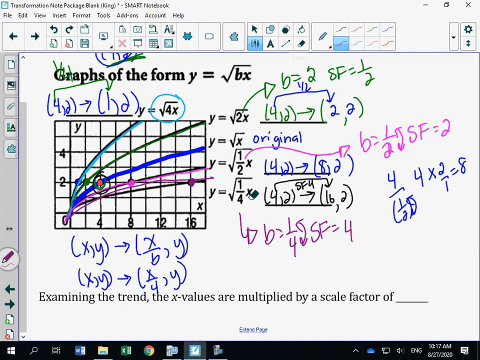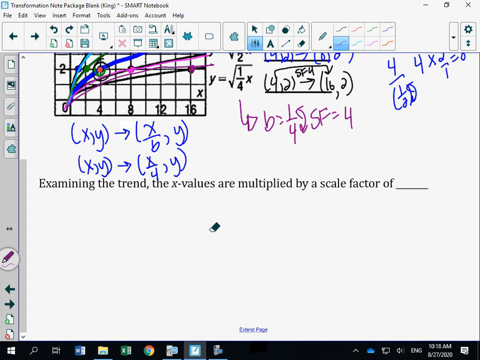So again, all I've done is I've taken the original graph of y is equal to the square root of x, and I put in different b values, right? The stretch factor is always the reciprocal, and you could multiply your x value by the stretch factor, or you could divide your x value by your b value. So examining the trend, the x values are multiplied by a scale factor of 1 over b.